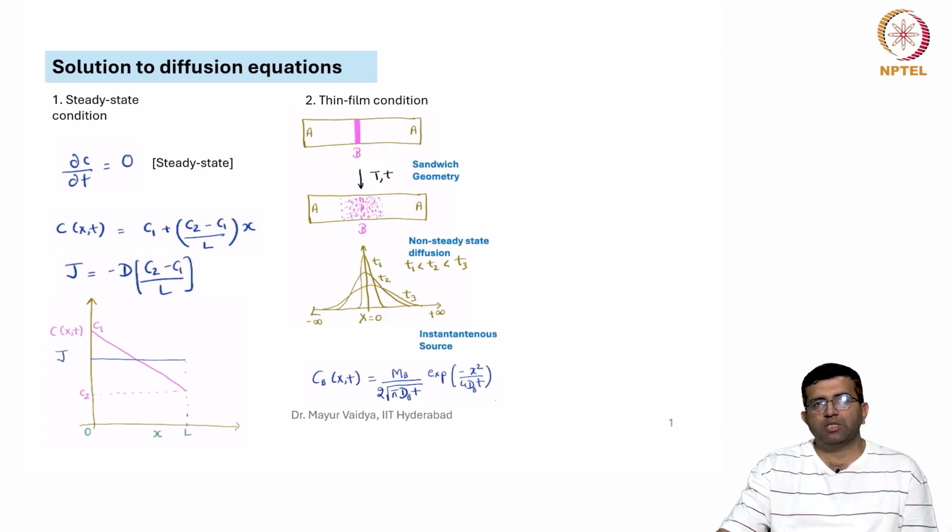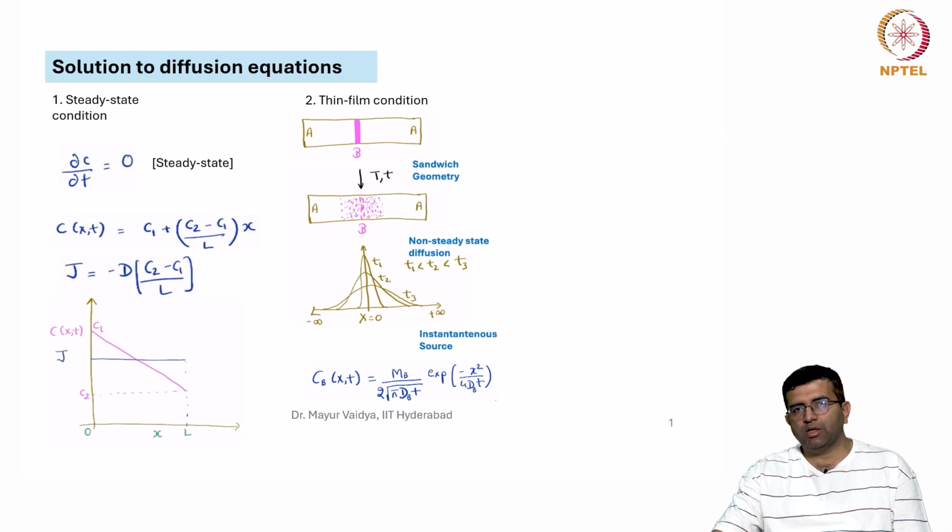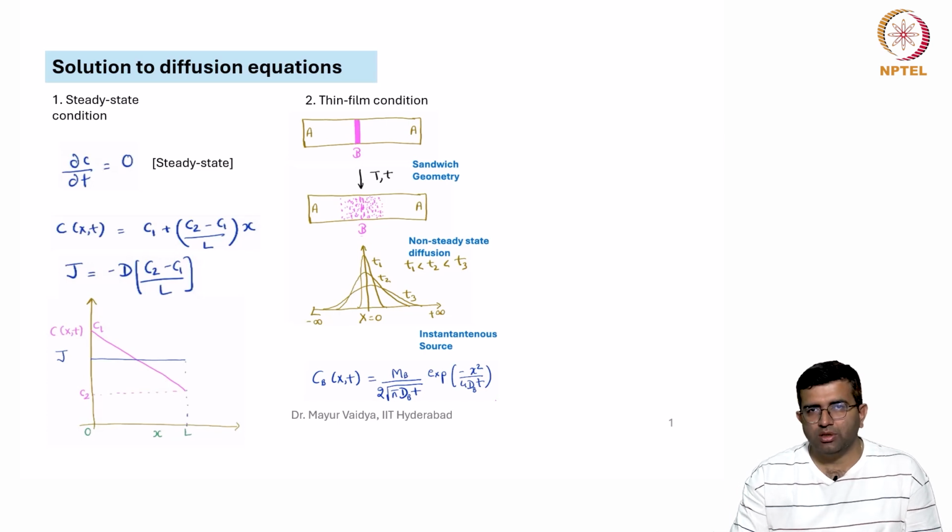For example, a sandwich geometry of thin film condition where B is sandwiched between two blocks of A. Here we saw that the time profile changes. Earlier it was this, and then this height decreases, and the depth to which the diffusion happens increases.